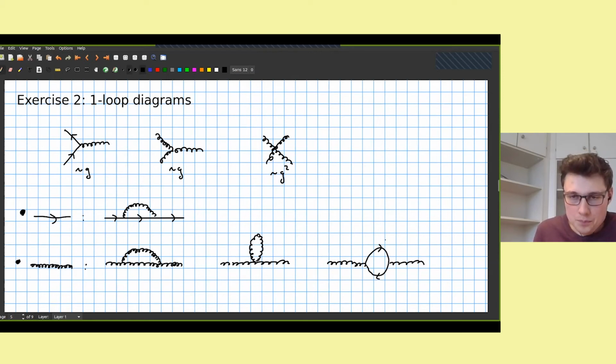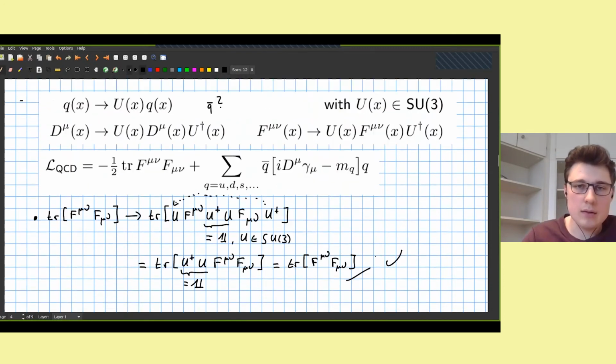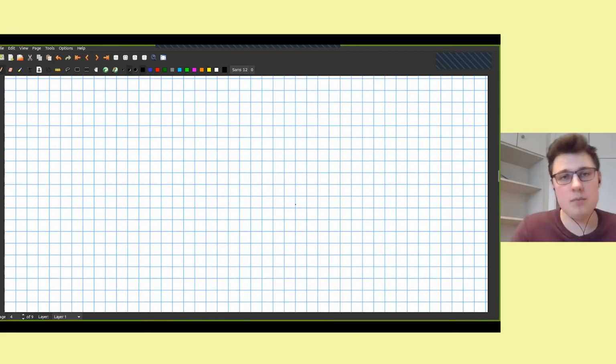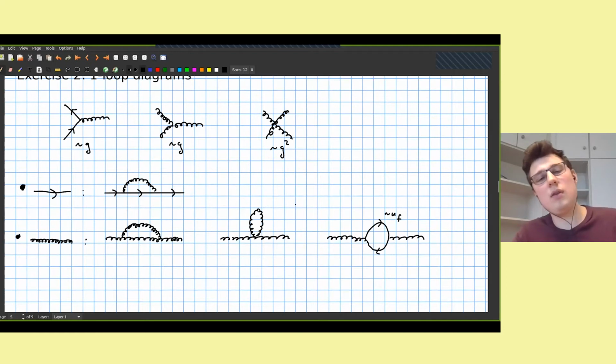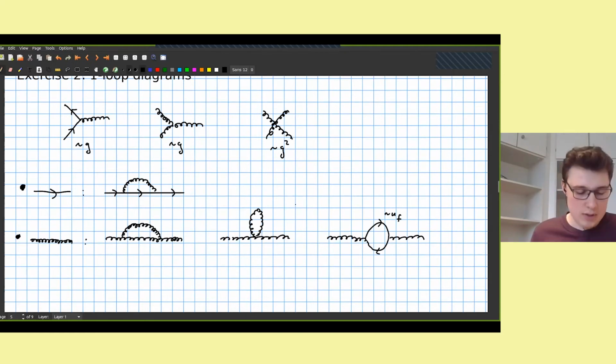Strictly speaking, you get one graph for each quark. So remember that the QCD Lagrangian here includes a sum over quarks, which means that you produce one interaction term for every quark, but they all look the same. So QCD gluons couple to each and every quark in the same way.